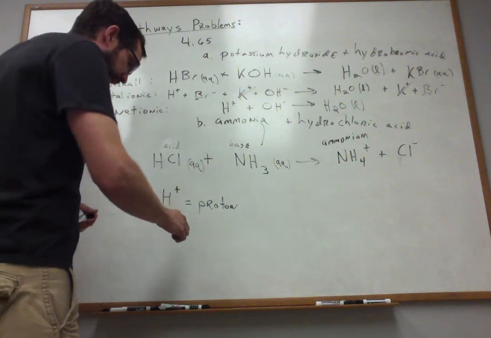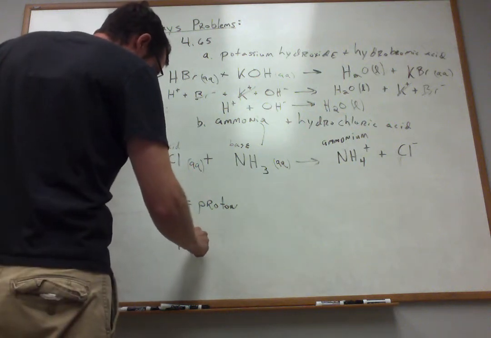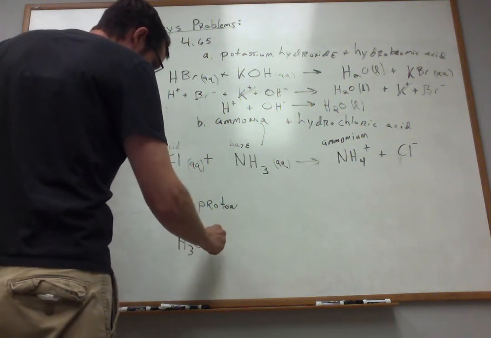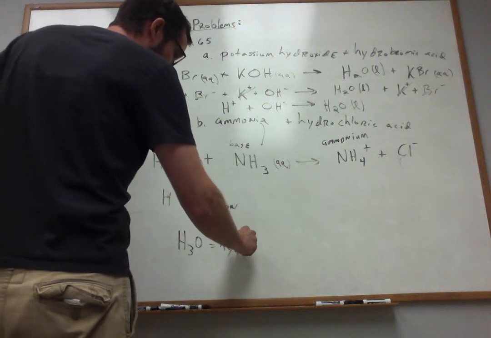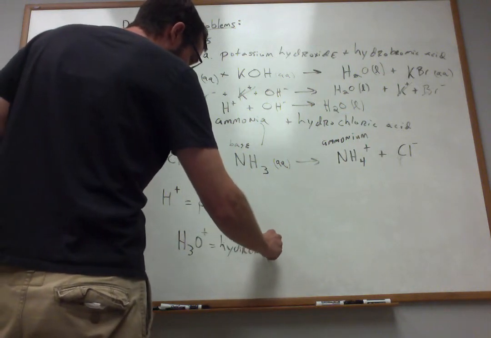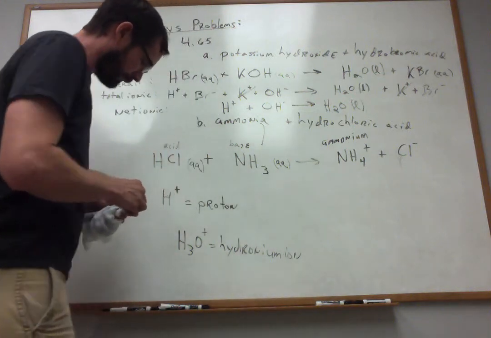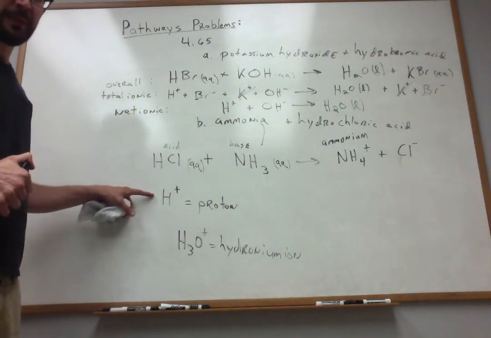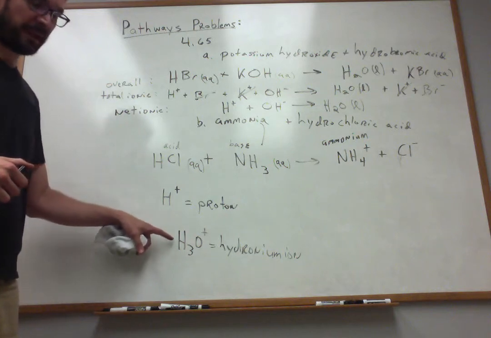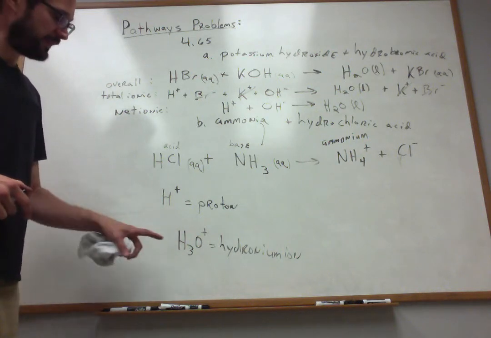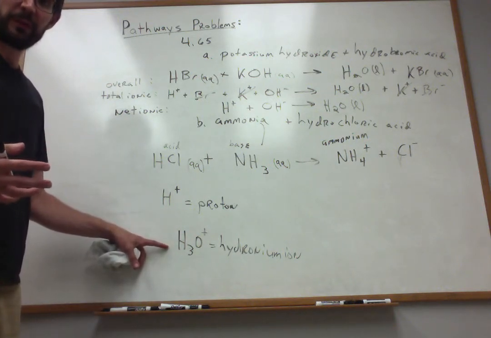Instead, it actually exists as H3O+. This is called the hydronium ion. It involves a proton being picked up by a water molecule to make H3O+, hydronium ion. So this is how it's believed to exist in aqueous solution.